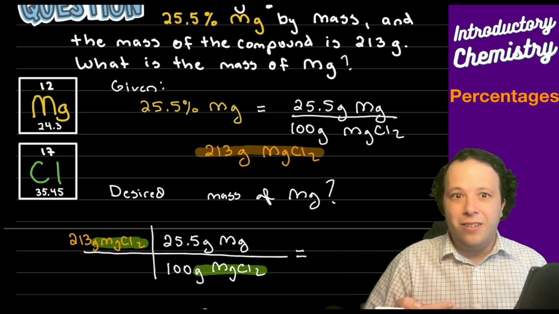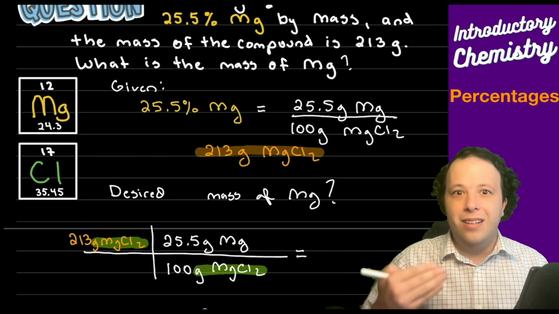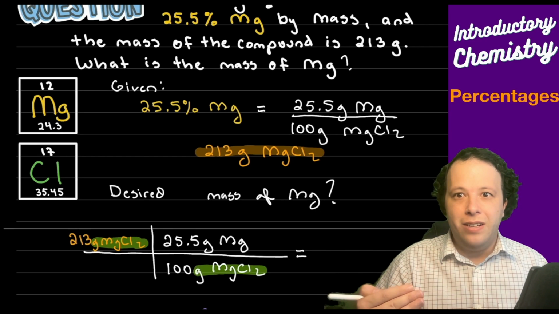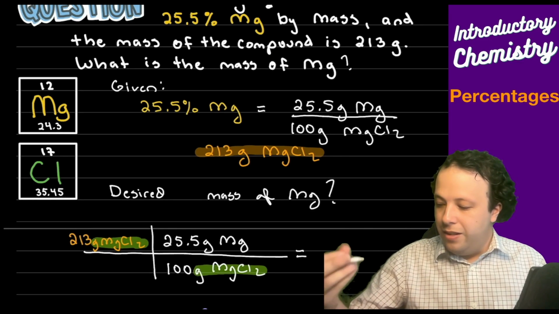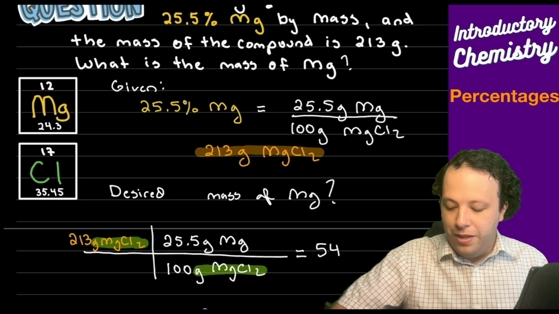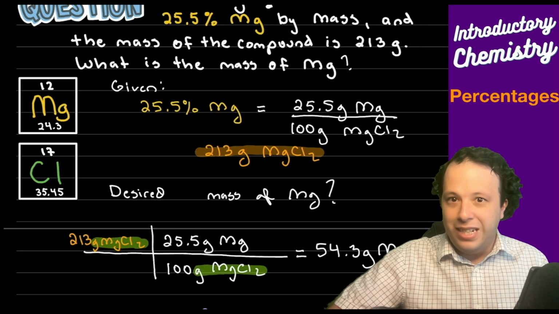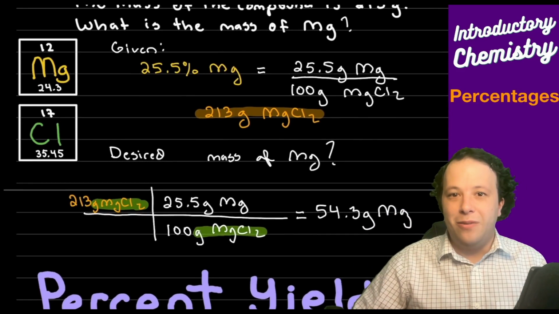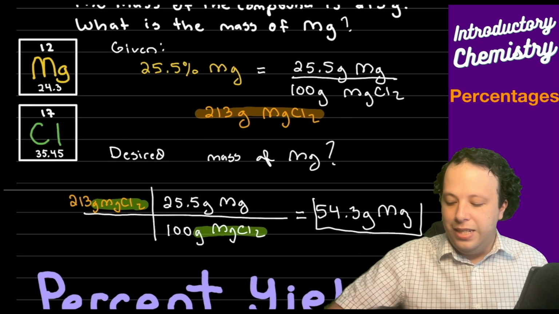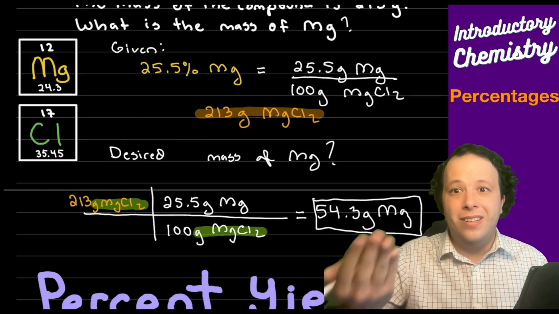So when you put this in your calculator, 213 times 25.5 divided by 100, that will give you your final number of 54.3 grams of magnesium. This is our answer here. So on to the next part.